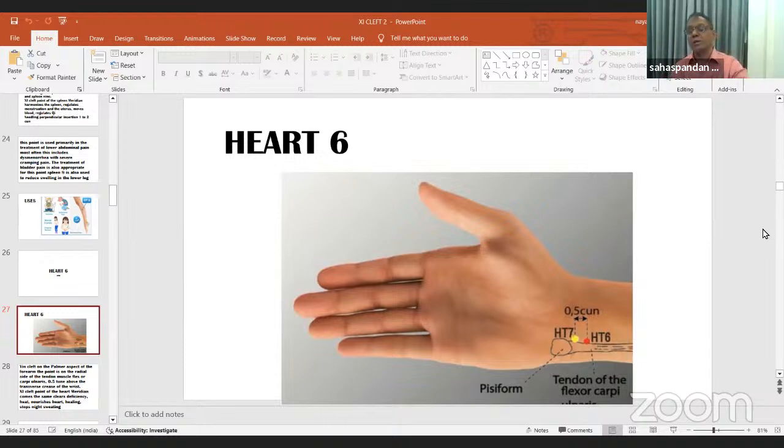So this is not an excess type of mania or agitation. In addition, the point is often used in protective chi disorders, including either excess sweating or the inability to sweat.